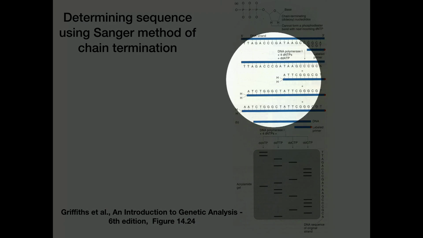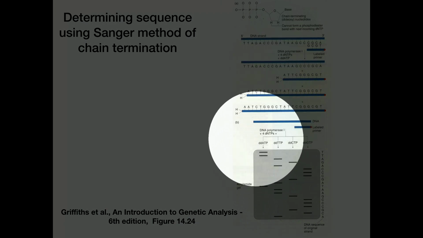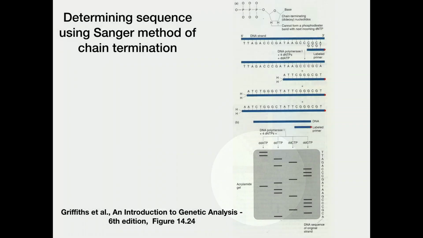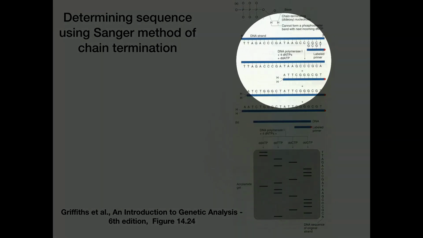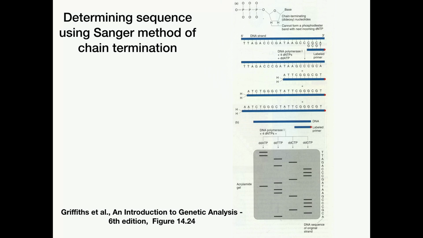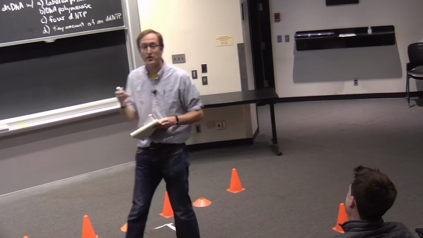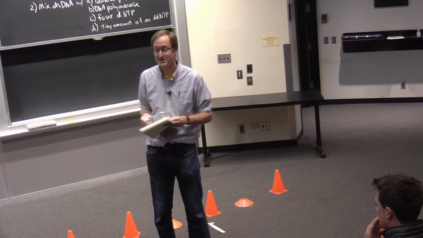And that means for a given reaction, one in which you have dideoxy ATP, you get a certain pattern of bands that represent the length of fragments where you have, in this case, a thymidine base. And then you do this for all 4 bases, where you have 4 reactions, each with a different base that's dideoxy.